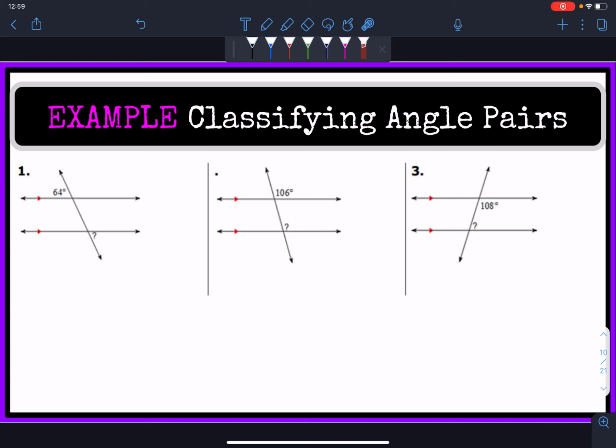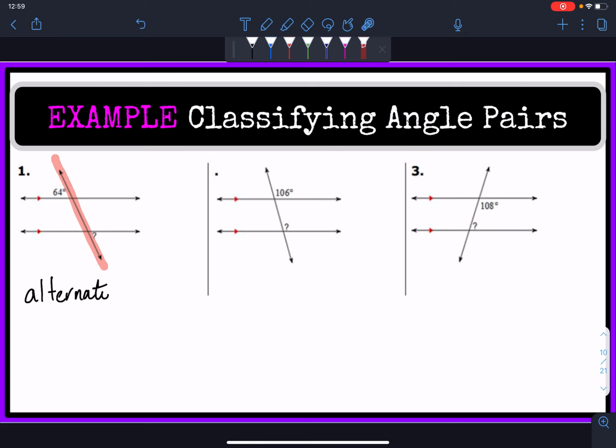As you see right here, we have this acute angle here and the exact same acute angle here. If we cut this into two, not half because they're not equal, we can see that we have the 64 on the left side of the transversal and this question mark, the one that we're looking for, on the right side. So they're alternating angles.